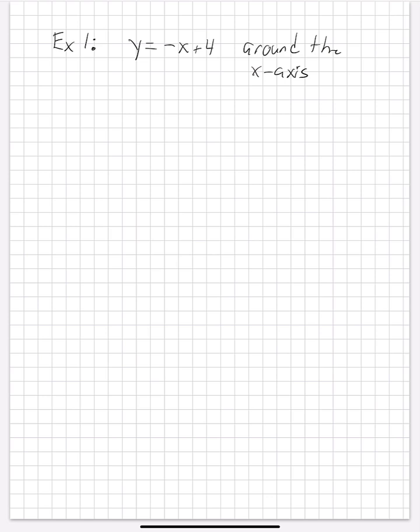I'm just going to give a rough sketch of what this looks like, because we also need to know our limits of integration. So I have my graph, and it's got a y-intercept of 4, has a slope of -1, which means that it's going to hit over here at 4.